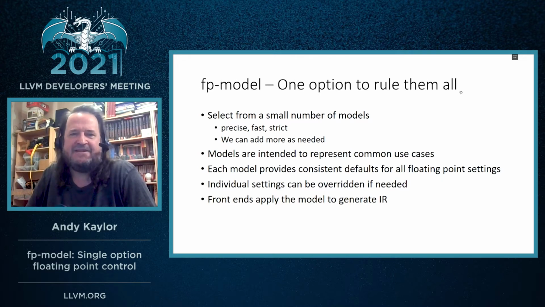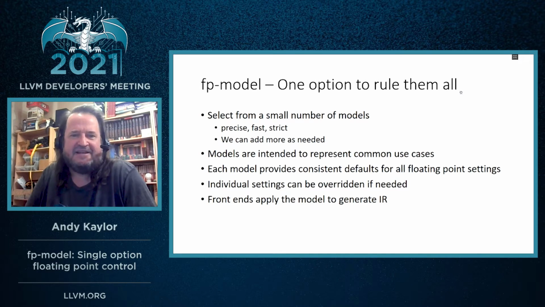The idea behind this option is that you select from one of a small number of models that control the overall behavior and present a default value for each of the settings depending on the model that you've chosen, and the hope is that these small number of models will cover the vast majority of common use cases. If you do have individual needs beyond these, individual settings can be overridden as needed.